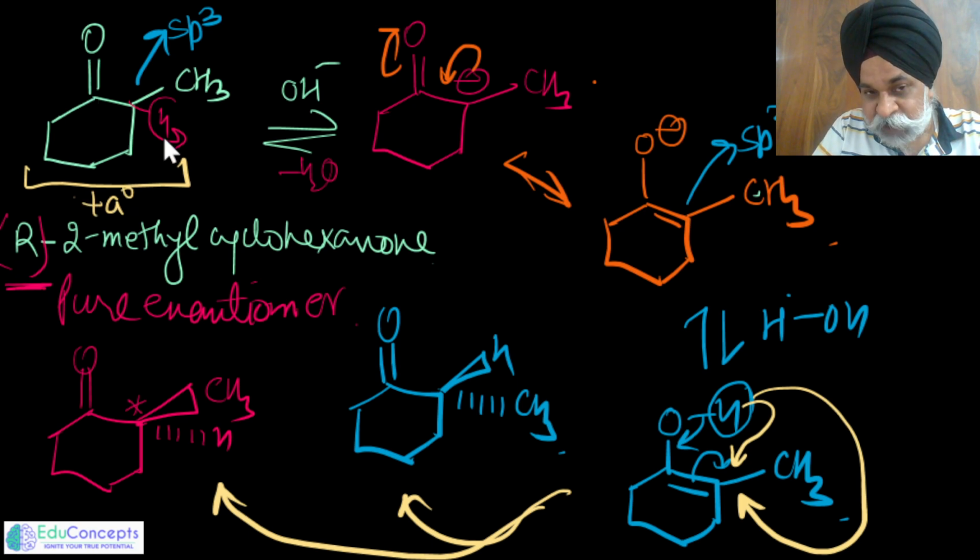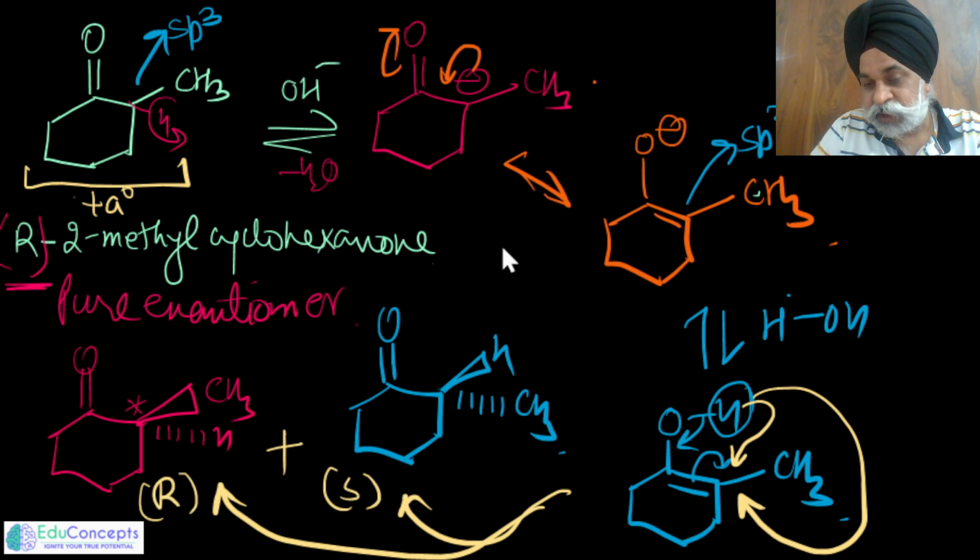It rotated the light by plus a degree, but if in case I just keep it with the OH negative for some time, and I get back the same thing, that in a way would not be the same. It would have R along with S made here, because the optical rotation got lost, because you would end up getting the racemic mixture. So there would be a loss of optical activity happening in this particular case.